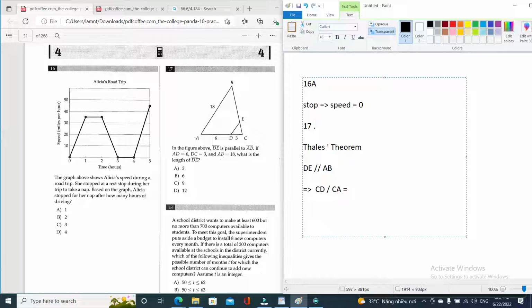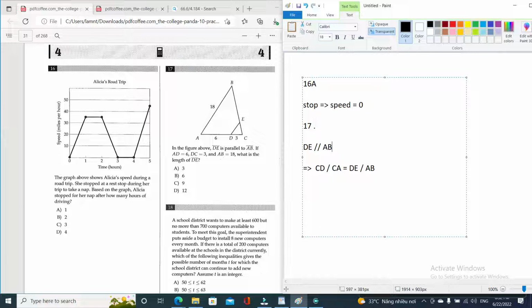You have to get the points corresponding, so DE over AB. So that's the ratio. CD over DE is actually equal to DE over AB. Okay, so maybe not gonna use Thales theorem.